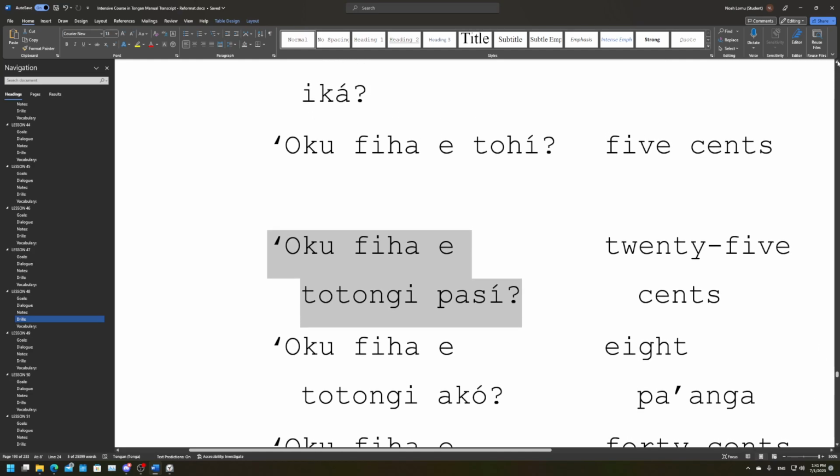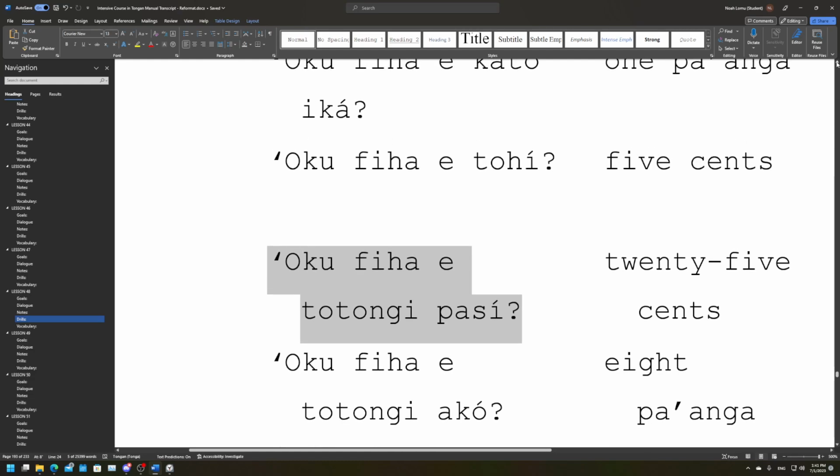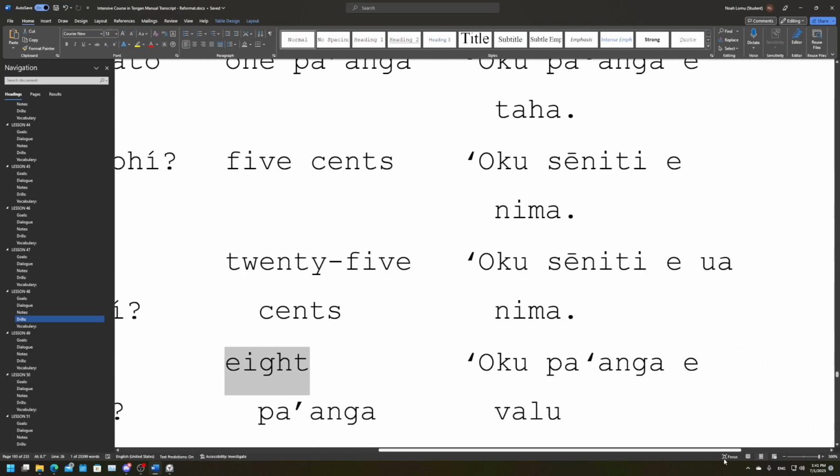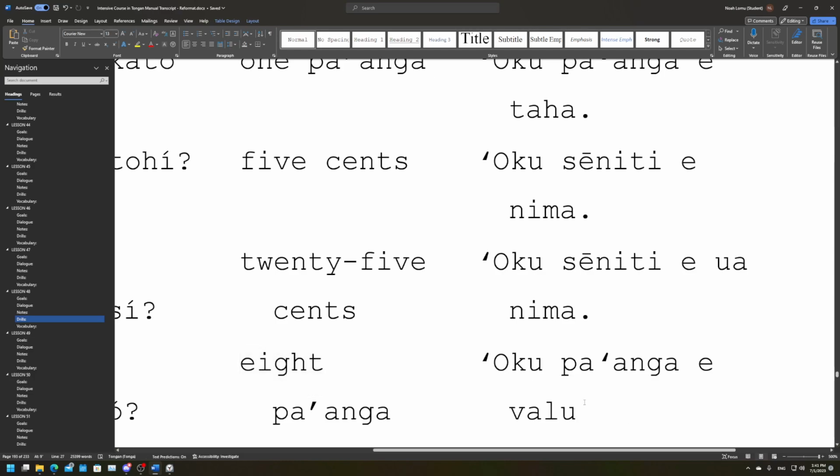Ako lea, o ko whia te tongi ako? Hiva is 9. Correct. Maybe that's something good to practice.